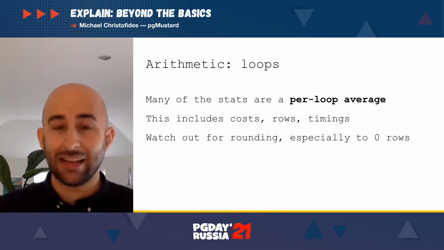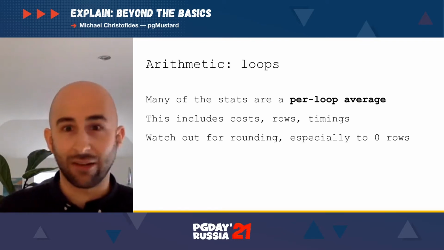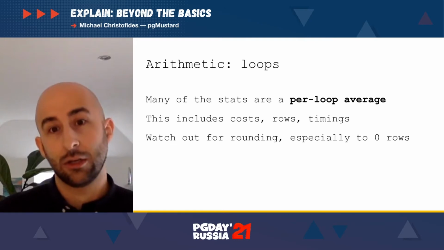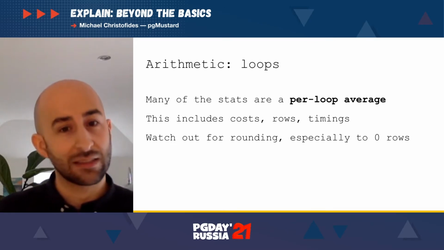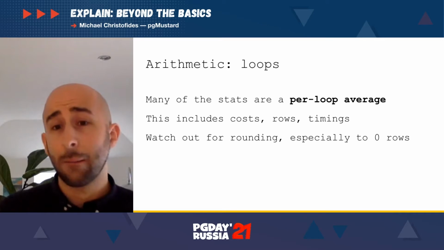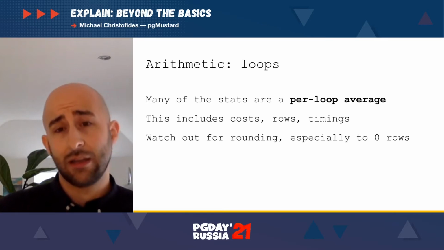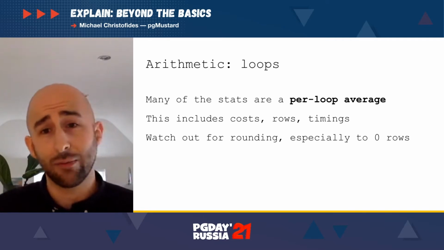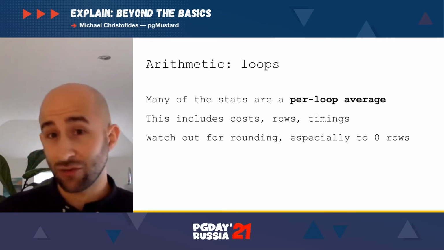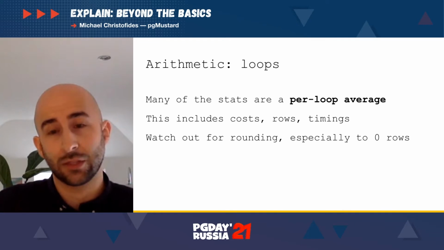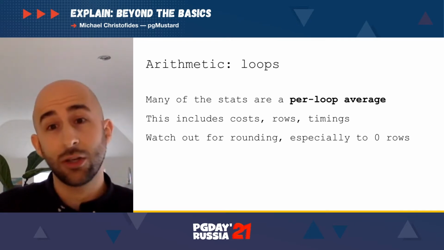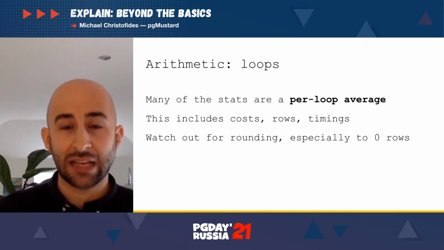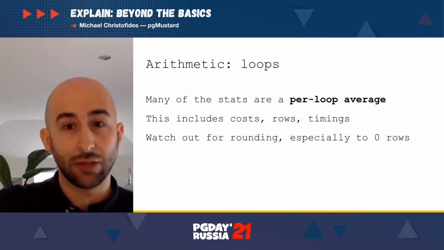So again, if you're around the 0.000 milliseconds, it's probably not the slow part of your query. So rounding doesn't tend to be an issue there, but rows are an integer. So the difference between being rounded to 0 and being rounded to 1 can be quite dramatic when you're looking at a lot of loops. Equally, even 1 to 2 can be quite a large difference. So there are some potential rounding issues to be aware of, especially in the row department.